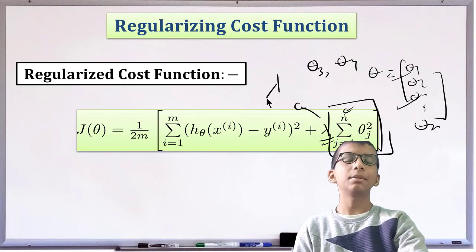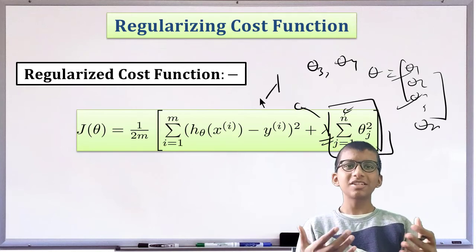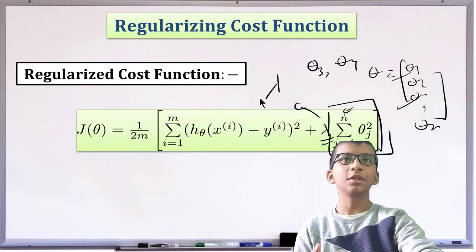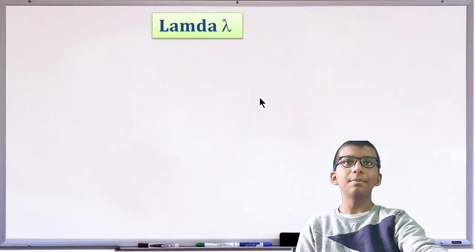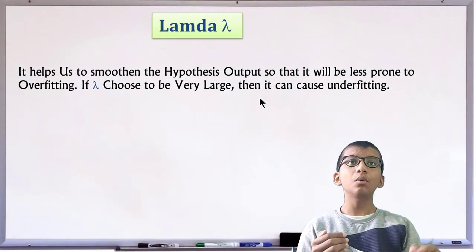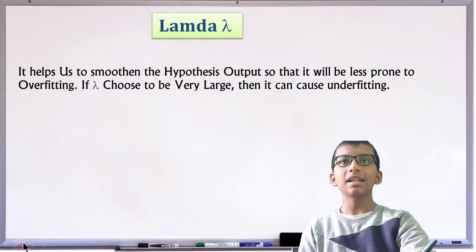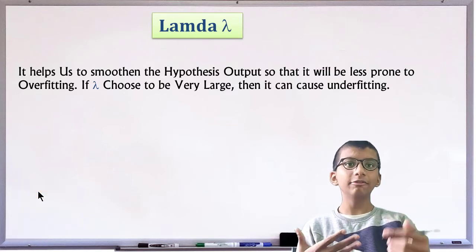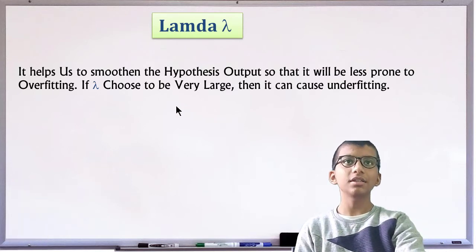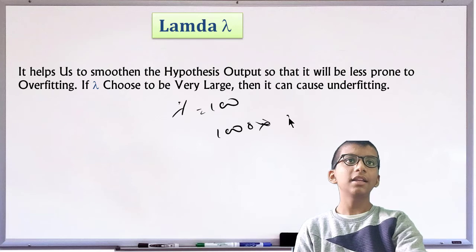And what is this hyperparameter lambda? It helps us to smoothen our hypothesis output so that it is less prone to overfitting. If I choose lambda equal to 1000, I have just 1000 multiplied by theta 3 times x3.